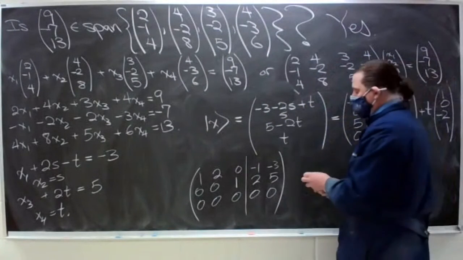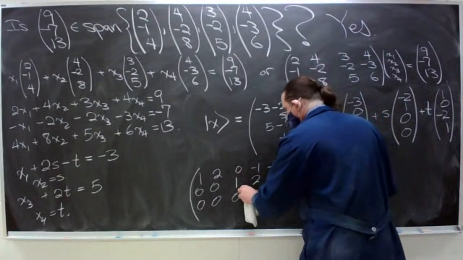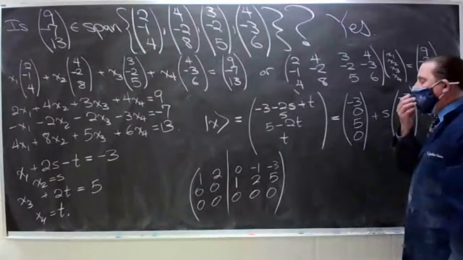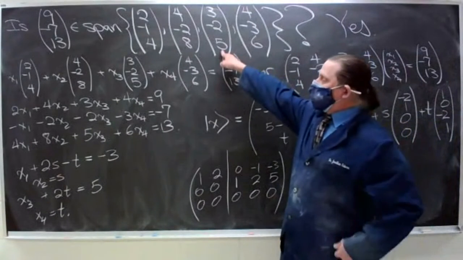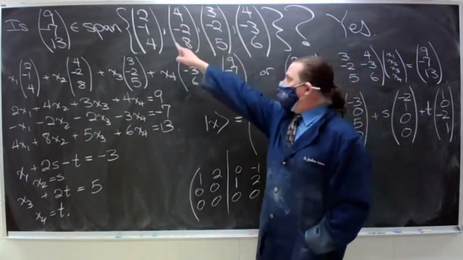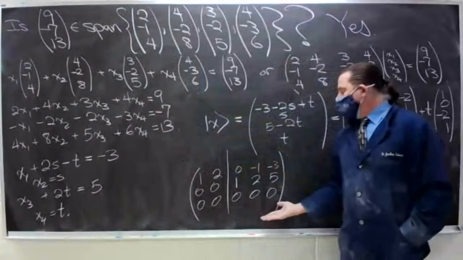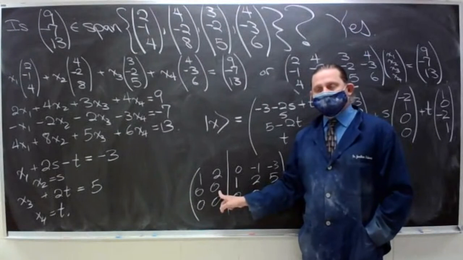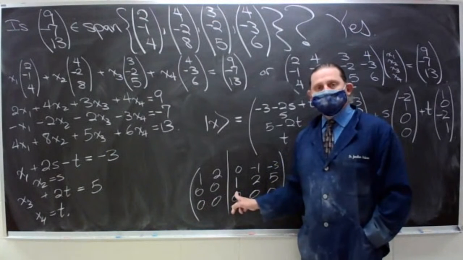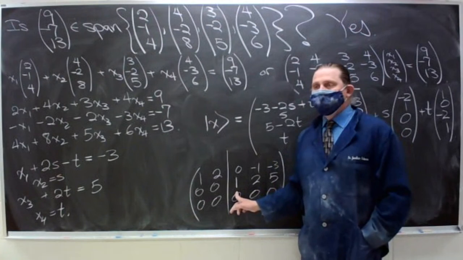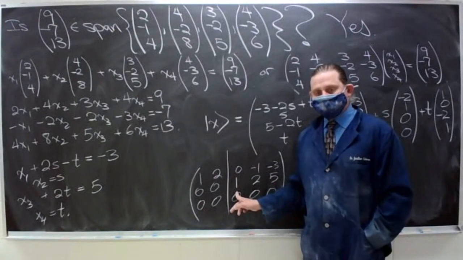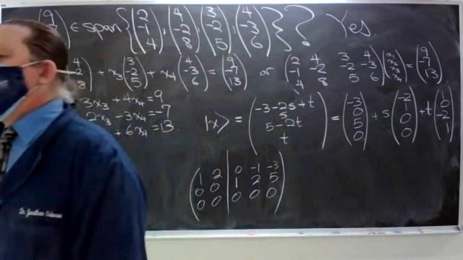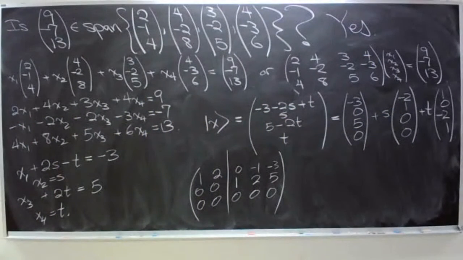What if I moved it again? Now, I'm asking, is this vector a linear combination of these two? And the answer is no. Because the second equation in this case would read 0 equals 1. And 0 does not equal 1. Okay? So kind of an interesting take on the augmented matrix.